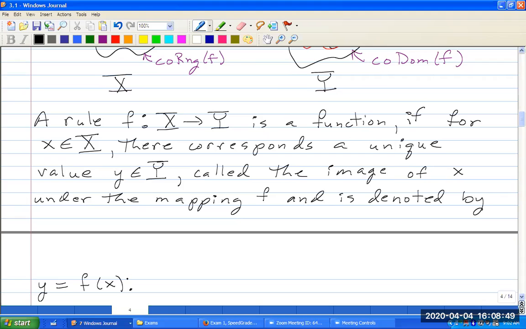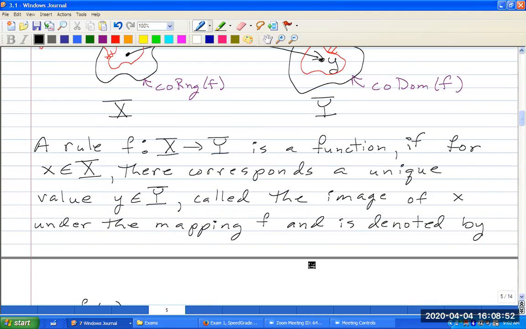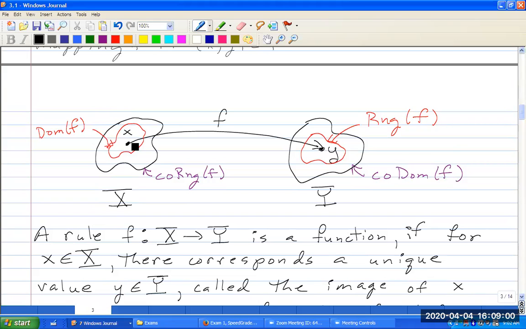The set of all images of this subset domain of F of the corange is called the range of F. So this is the set of all y's, such that f of x is equal to y for some x in the domain of F, and that's the range.